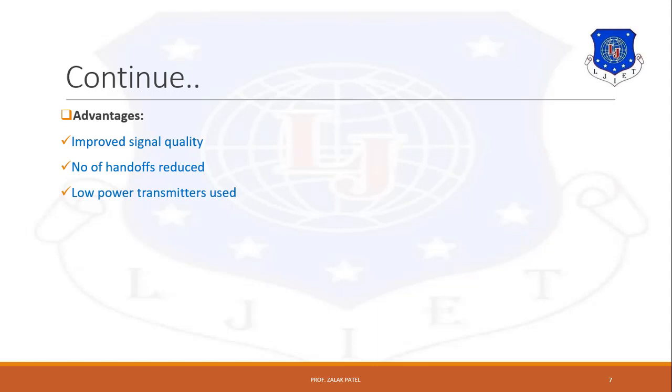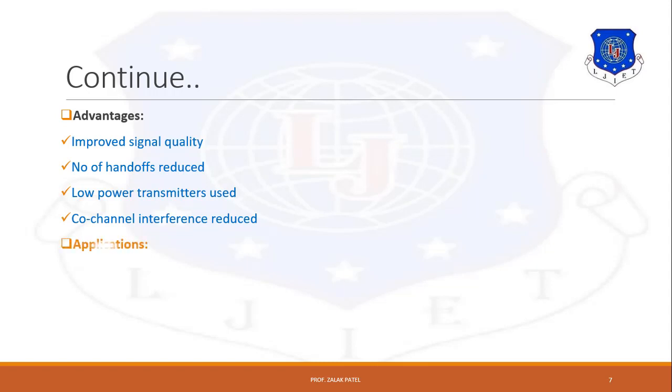As low power transmitters are used in each zone apart from the control base station, the effect of interference is reduced, which results in co-channel interference reduction and better SIR, meaning the signal to interference ratio is improved.